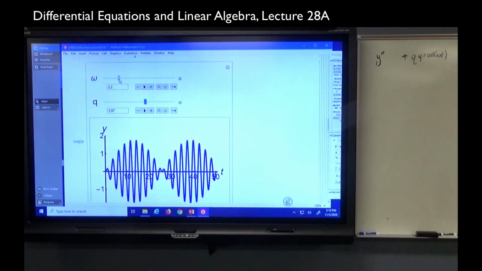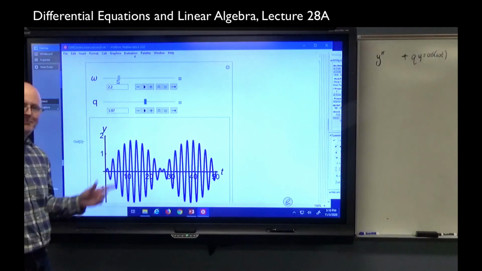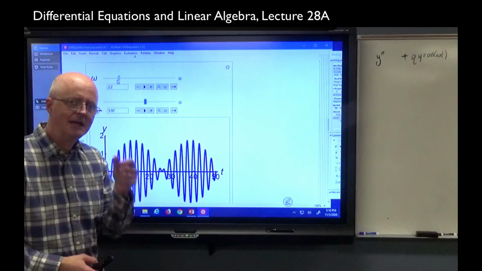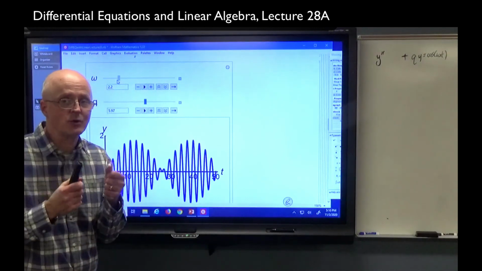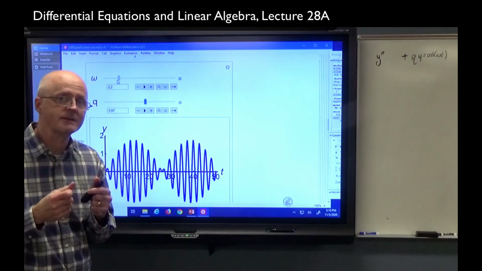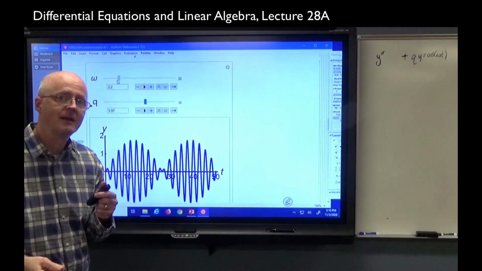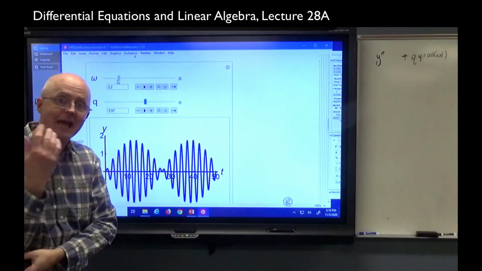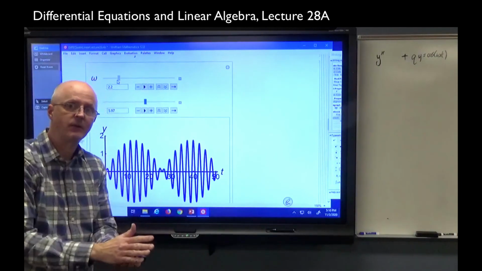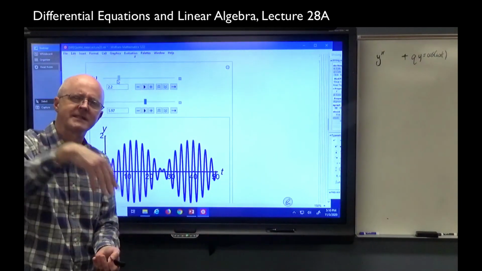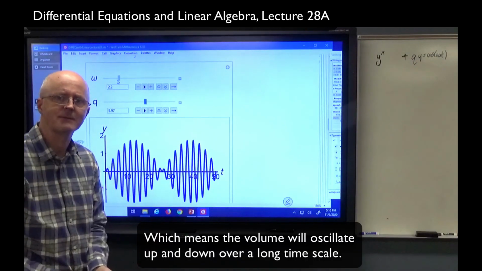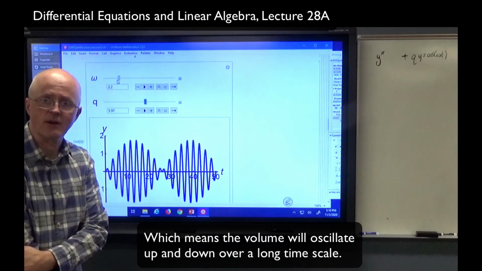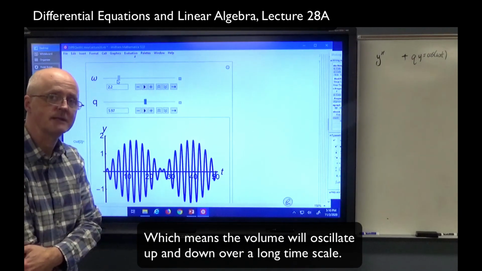Weird. What we're seeing here is an example of something called the beating phenomenon. This is most pronounced in real life if you take a tuning fork, or I should say two tuning forks, of slightly different frequencies and tap them both. And what you'll hear audibly is the sound increasing in amplitude, then decreasing, then increasing, then decreasing, over a slow time scale, a long time scale, even though the individual sound waves themselves oscillate very rapidly, have a very high frequency.